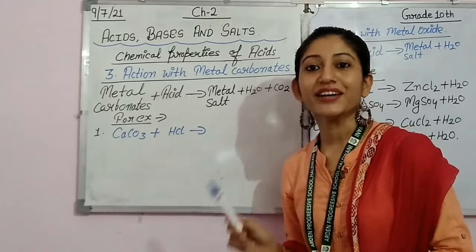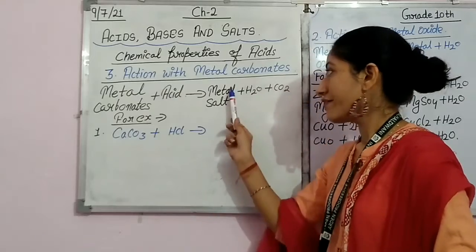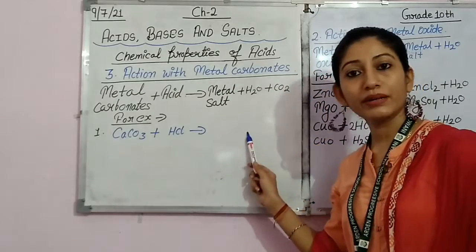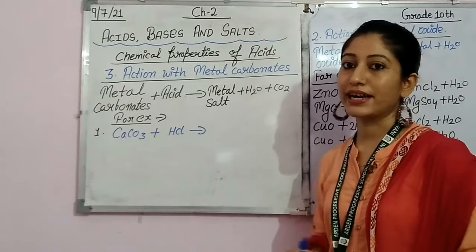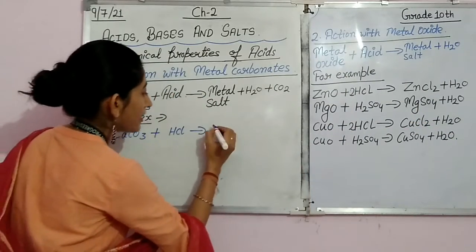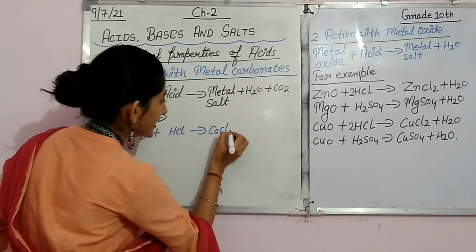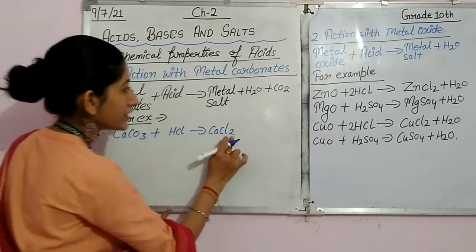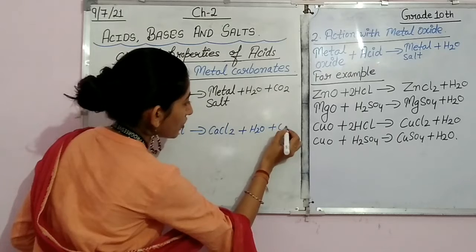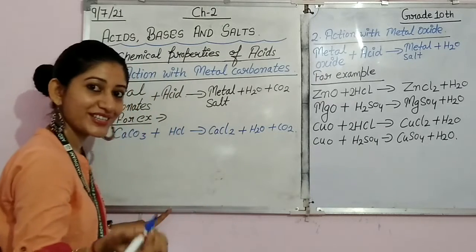It is not very tough, because we know that first of all metal salt will form, after that water will be released and then carbon dioxide will be released. So CaCO3 plus HCl will give CaCl2, the metal salt, plus H2O plus CO2, and the reaction is done.